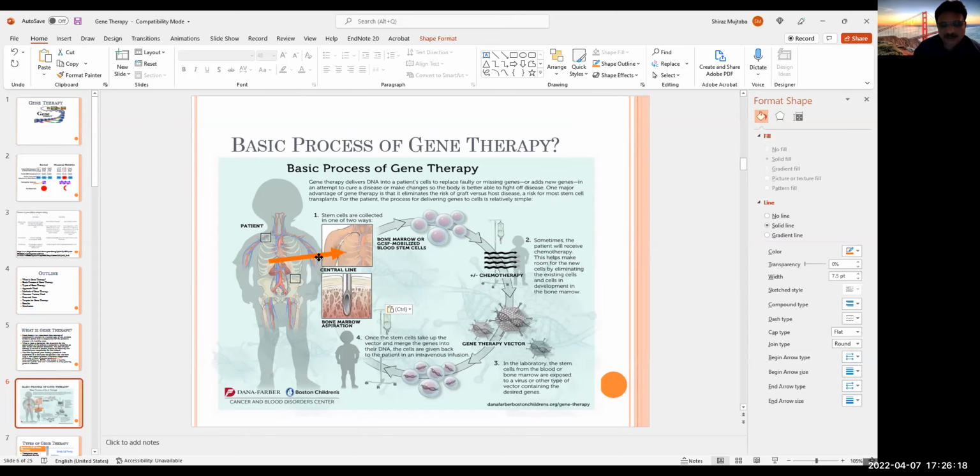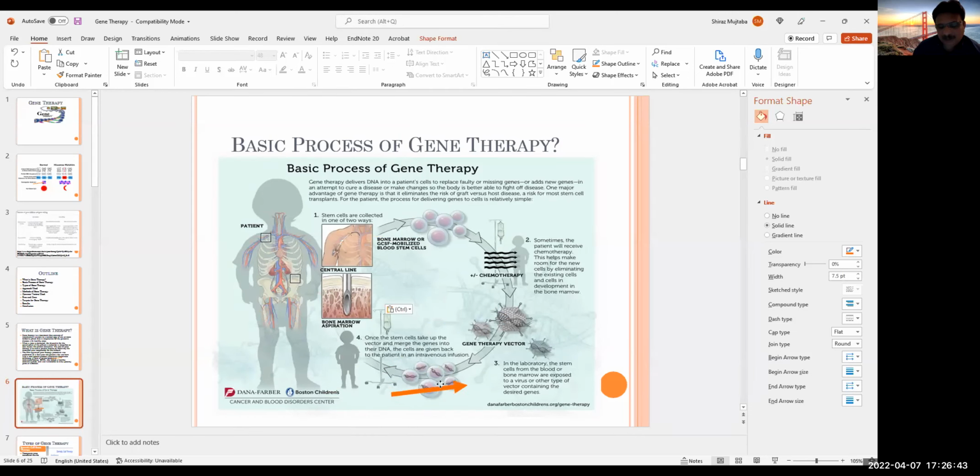So using CD34, you extract the hematopoietic lineage cells or stem cells, and then you grow them in a Petri plate and add, not edit, but add a lentiviral vector containing normal hemoglobin or an adenoviral vector, and then stabilize these cells.